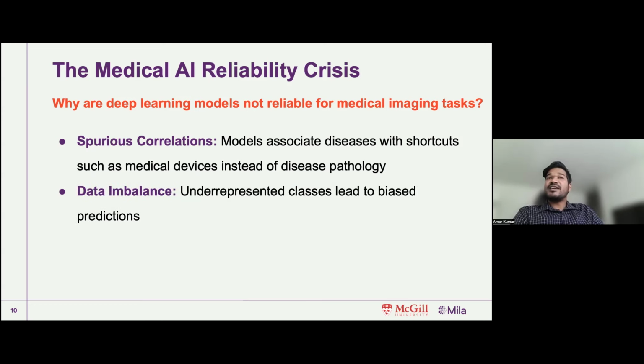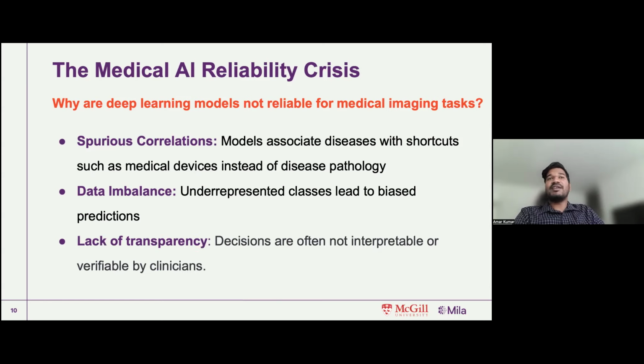The second is data imbalance. I guess I don't need to share more information about this, because very often in medical image analysis we see underrepresented classes. We don't have enough data that represents the overall population or overall subgroups, and that leads to biased predictions of the model. And finally, there is a lack of transparency; the models are not interpretable or verifiable by clinicians.